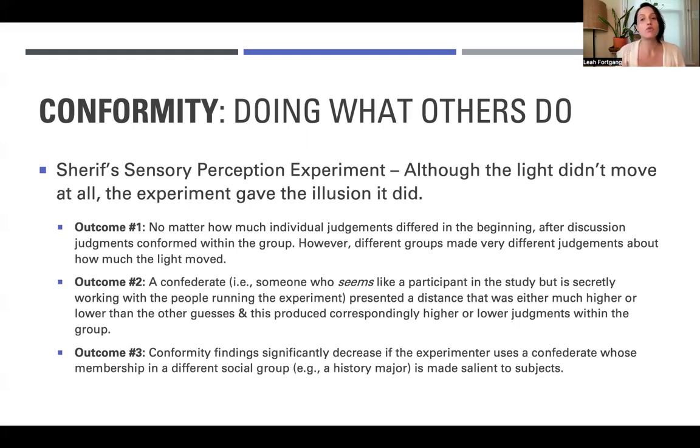They came to some sort of group consensus where their beliefs about how much that light moved were effectively the same as what they saw other people saying it was, right? They were doing what other people do.